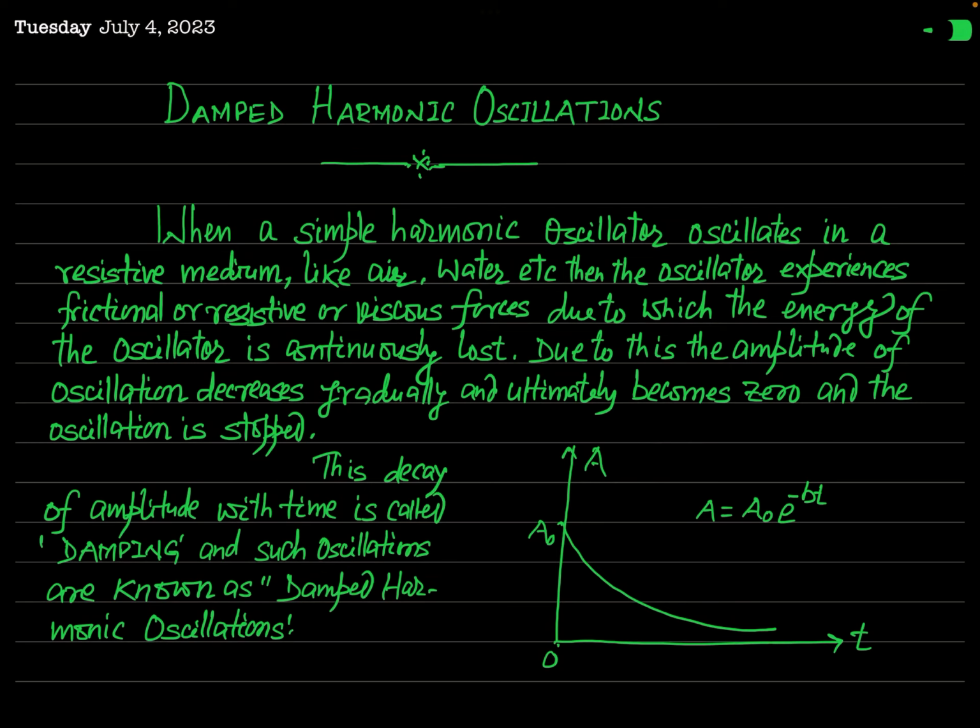Okay. So now let us consider there is an oscillator, and that oscillator is oscillating in a medium like air, or any other medium like water, and this O is the equilibrium position, and the oscillator is oscillating about this equilibrium position O. So in this case, as I have told you, our oscillator experiences a resistive force along with the restoring force, because you know oscillation takes place only when there is some restoring force acting on the oscillator.